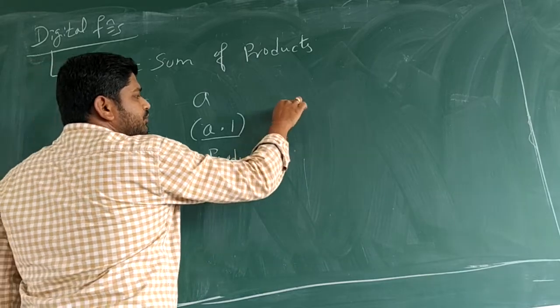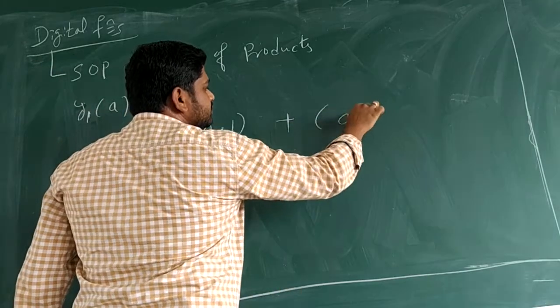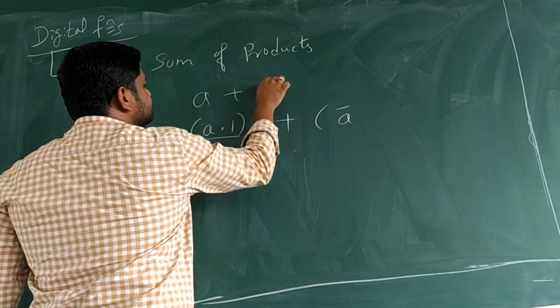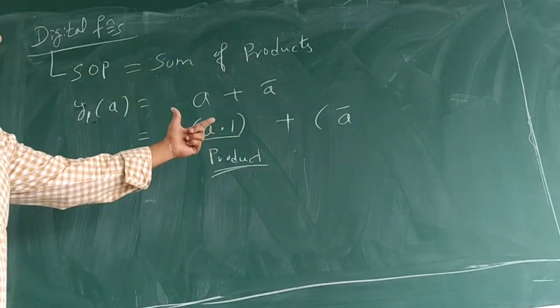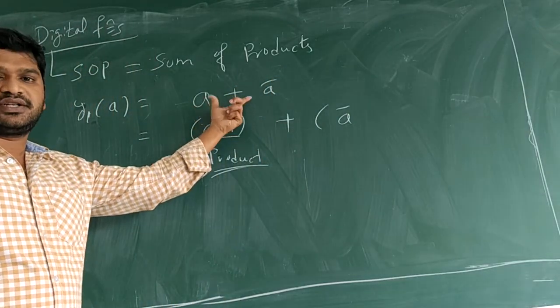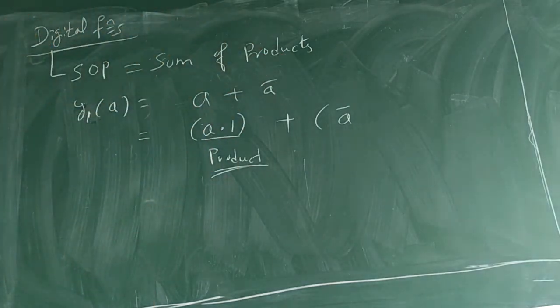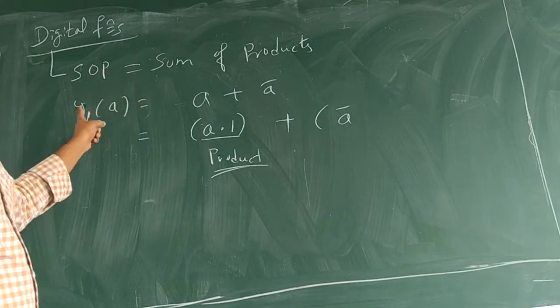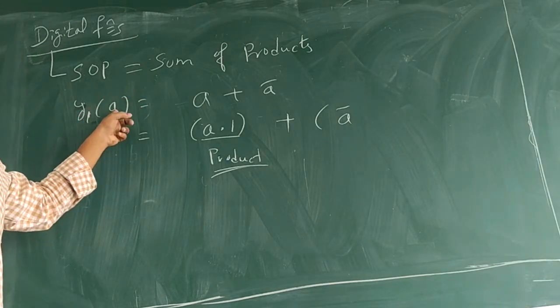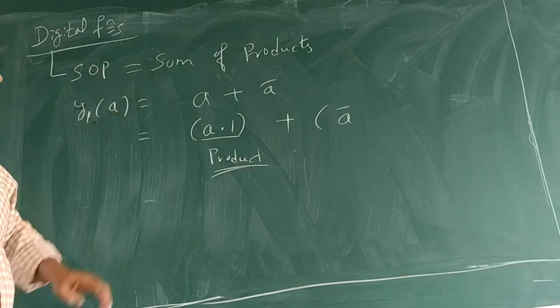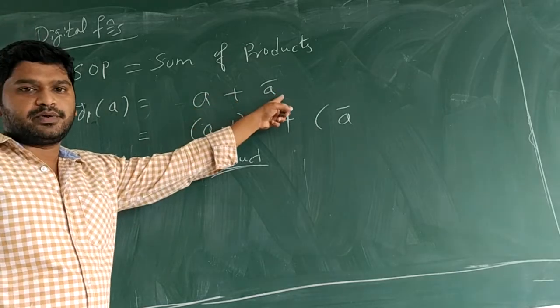Okay, if I write one more term here, don't think about simplification of a plus a complement. I just want to give you the term, so I am writing this. So y1 is a function of single variable a, and its full form is a plus a complement.